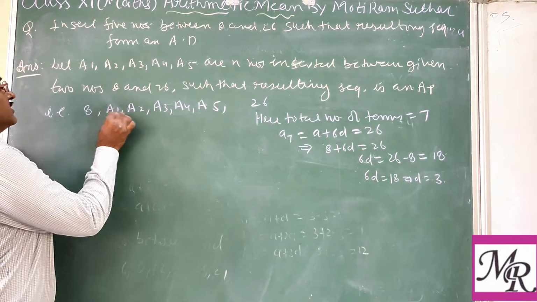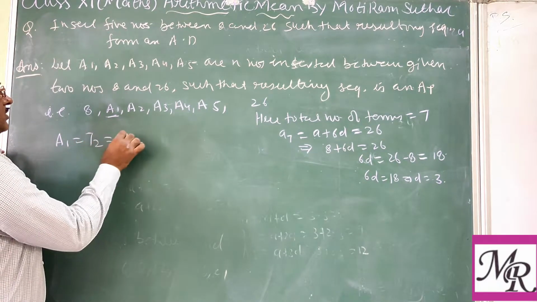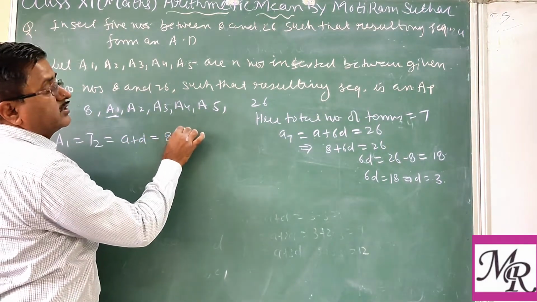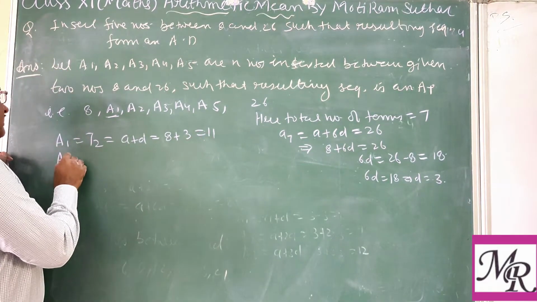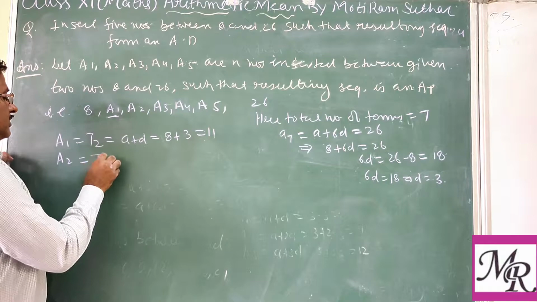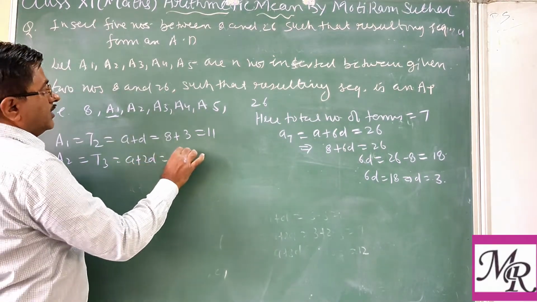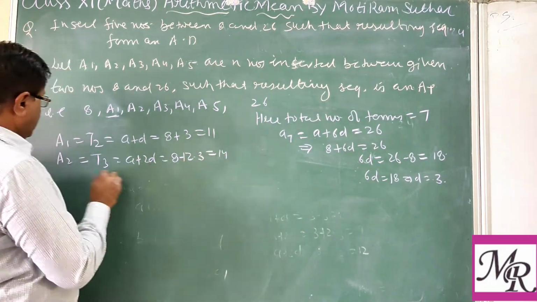So here A1 means the second term. What is A1? That is T2, that is A plus D. So A is 8, D is 3, so 11. Then the second number A2, that is the third term, which is A plus 2D. So 8 plus 2 into 3, so 6 and 14.